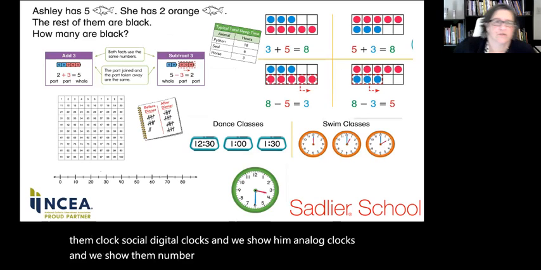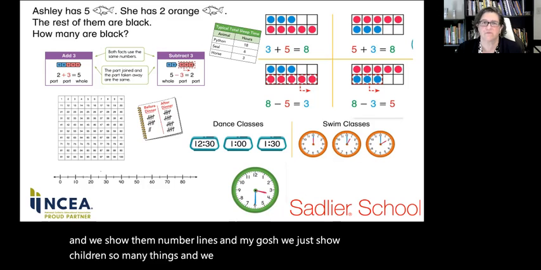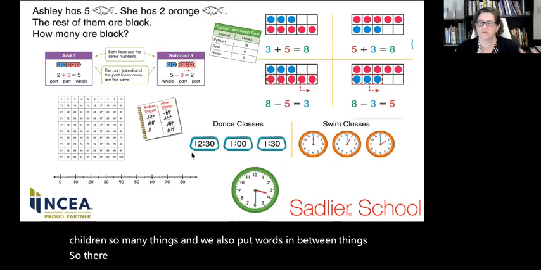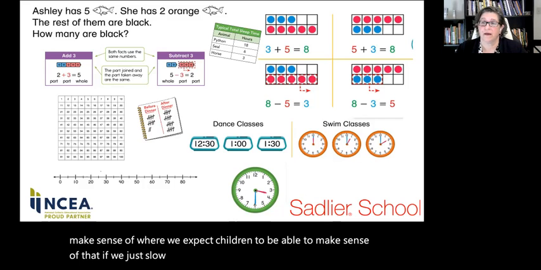And oh my gosh, we just show children so many things. And we also put words in between things. So there are all these representations that we expect children to be able to make sense of, that if we just slow things down and have them notice those representations, notice the features of those representations, we're actually inviting them into math.